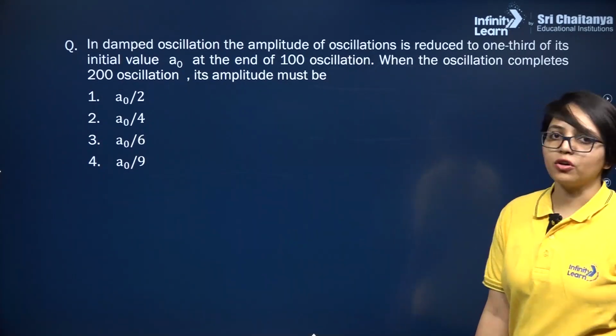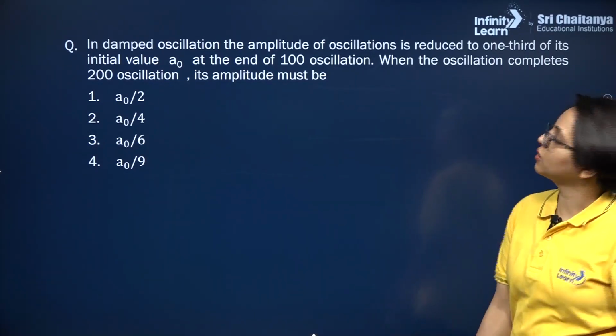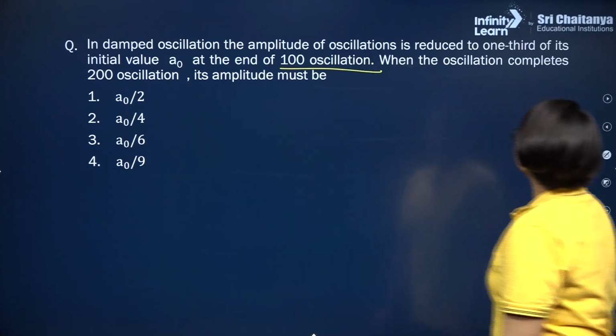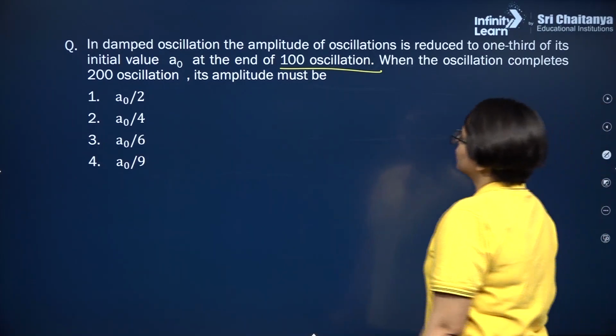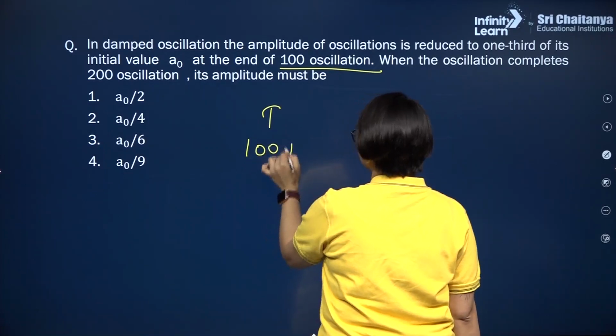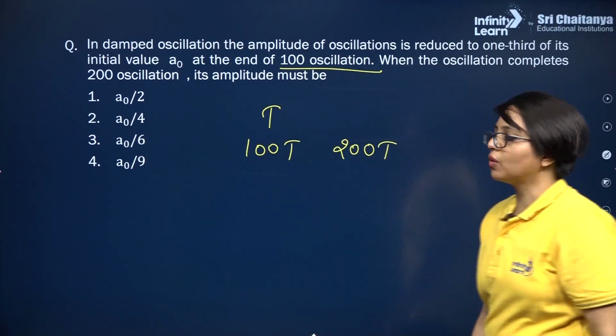Next is, in damped oscillation, the amplitude of oscillation is reduced to 1/3 of its initial value A0 at the end of 100 oscillations. When the oscillation completes 200 oscillations, its amplitude must be. So when the time taken in one oscillation is t, the time taken in 100 oscillations is 100t, and the time taken in 200 oscillations is 200t.